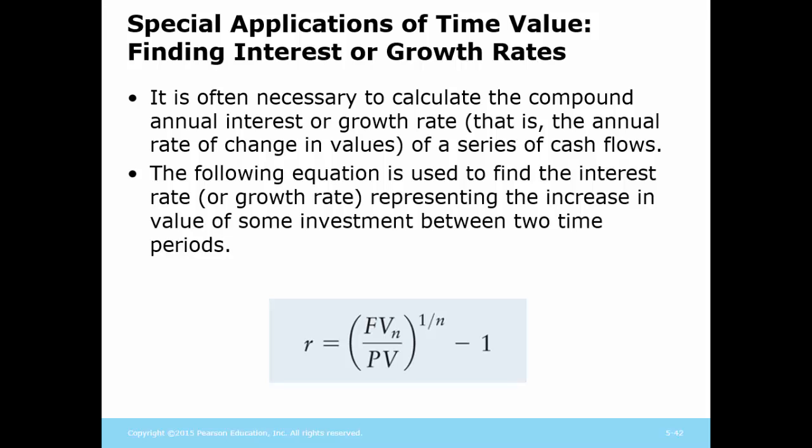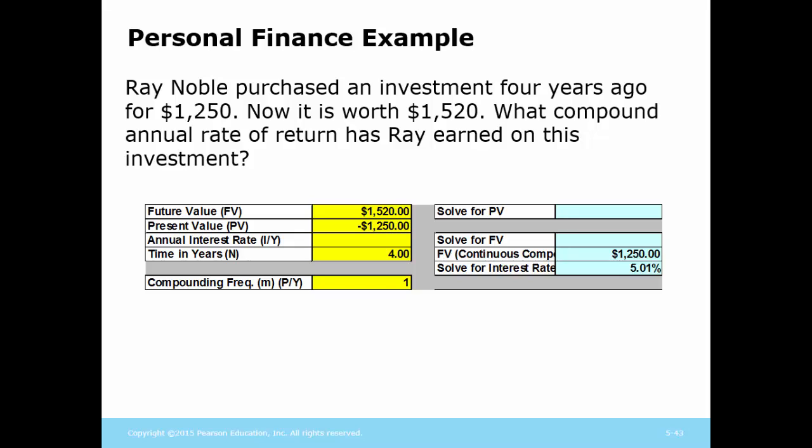Some other applications that we can talk about. What about growth rates? Now we want to start talking about solving for the extra variables besides future value and present value. We purchased an investment 4 years ago for $12.50, and now it's worth $15.20.